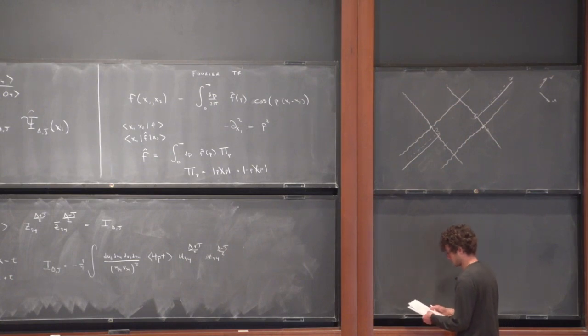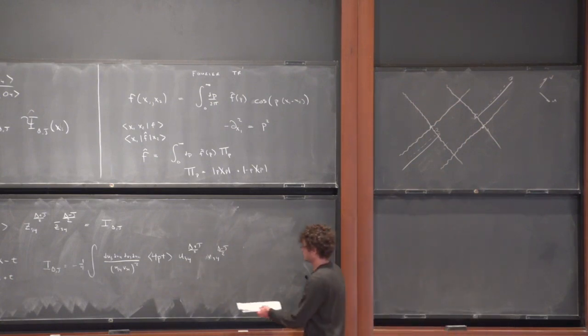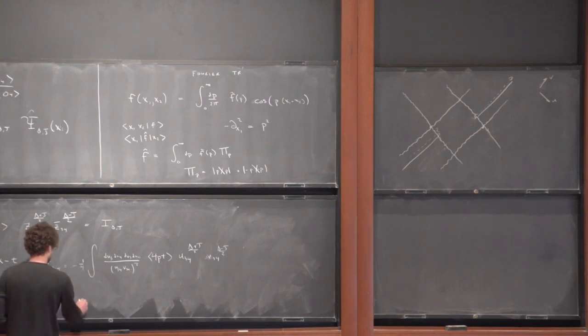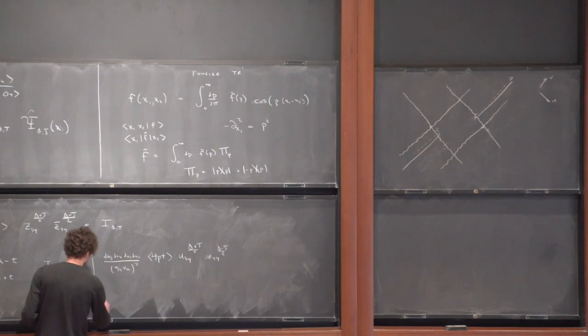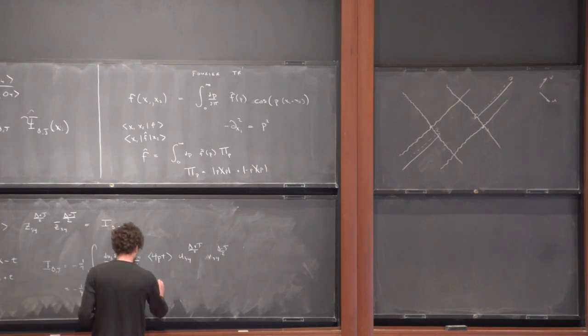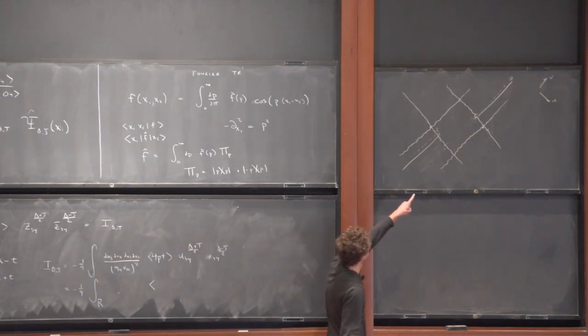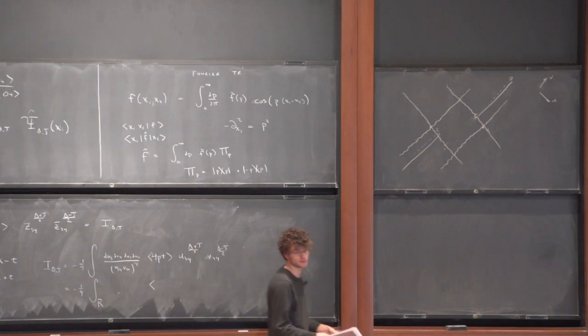So the conclusion of this is a different formula and a better formula than this one, where we have an integral of the same type. Integrate it over region R that I'll define in a second with the same measure. But now instead of the 4-point function, we have this double discontinuity, one discontinuity for one branch cut and the other discontinuity for the other one.